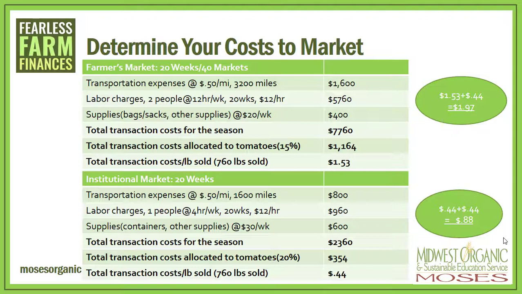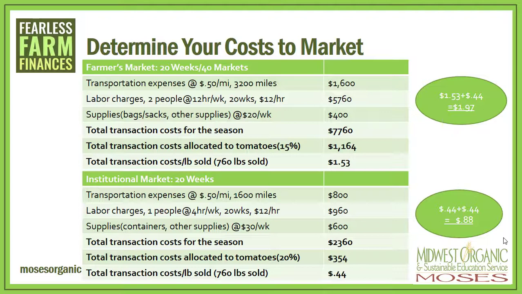So if we combine our 44 cents of marketing cost plus 44 cents of cost to produce, that gives us a total of 88 cents per pound for the institutional market. Now that's just to cover your cost of production and marketing, assuming that 15% marketing allocation cost. So hopefully, there's just that one mistake in the bottom of that chart.